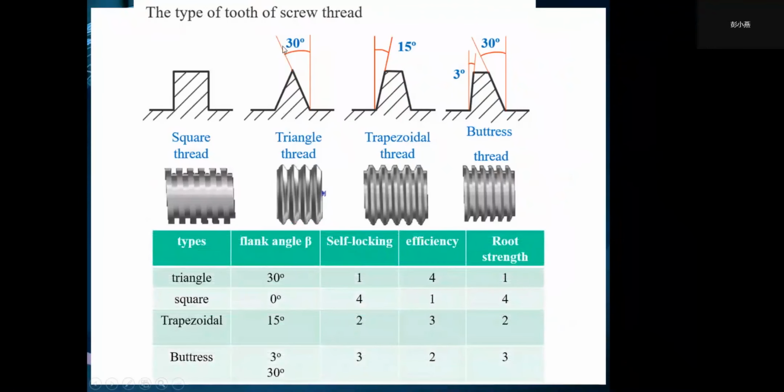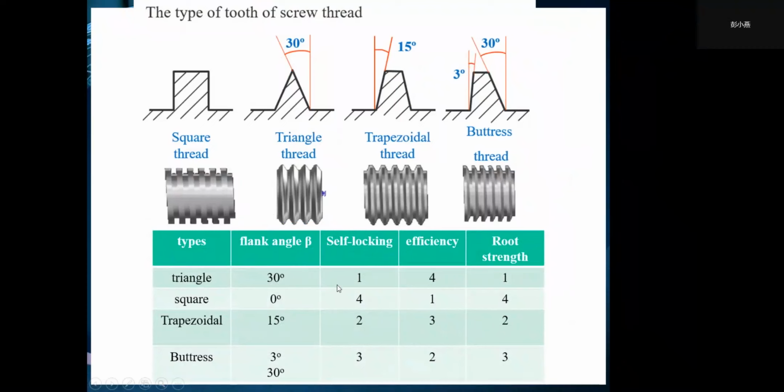And the flank angle beta is half of alpha. So for triangle thread, beta is 30 degrees. For square, it's 0. For trapezium, it's 15 degrees. And for buttress, it's 3 degrees.